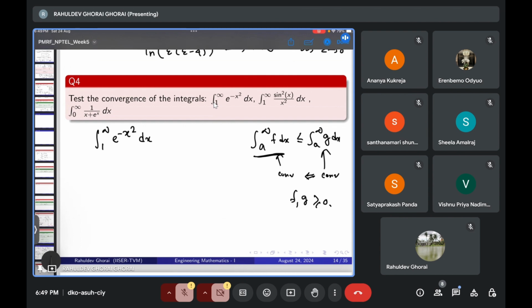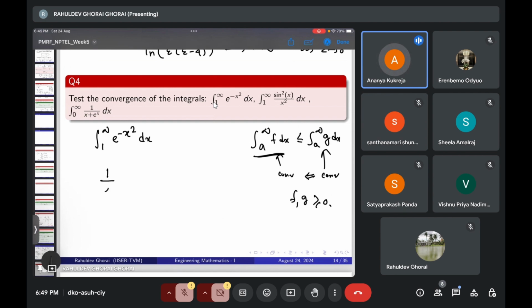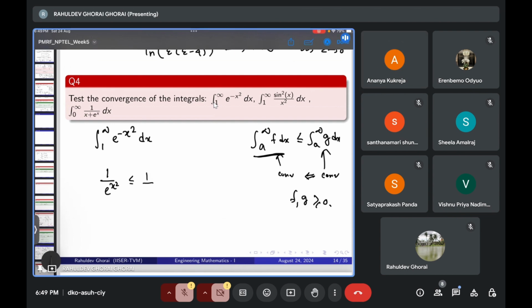I mean, can you write it as less than or equal to some known function or known integral which is convergent? So e to the power minus x square can be written as 1 divided by e to the power x square, and it will be less than or equal to 1 divided by x square.